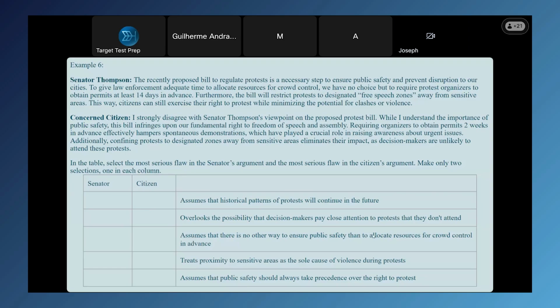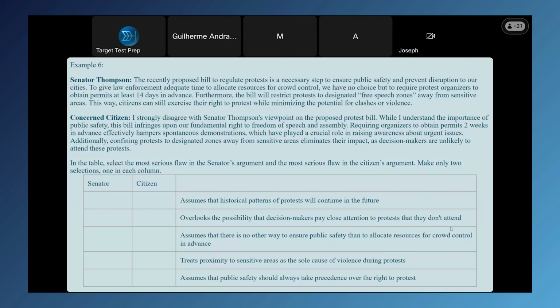C assumes that there is no other way to ensure public safety than to allocate resources for crowd control in advance. So that is something that the senator is doing. The senator is saying, hey, these rules, the 14 days in advance and the safe zones are necessary to ensure public safety.